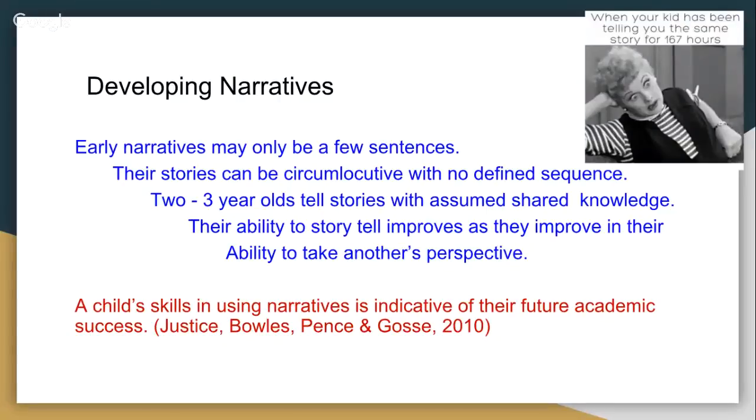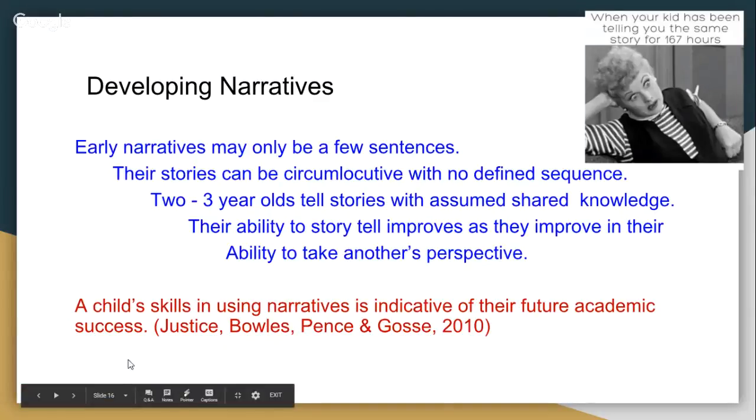He did it, and then I did it, and then they said, no, I can't. And the child assumes that you have the same shared understanding of what they are referring to. As they grow in their ability to take perspective, that is, looking at life through someone else's eyes, their ability to tell the story improves.